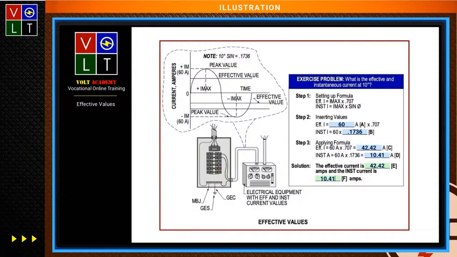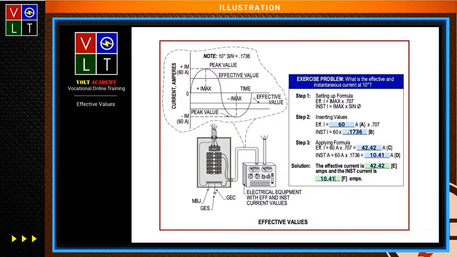Now, I'm going to show here, this is where we got the sine wave, and we're going to show this for the instantaneous amps. You're going to notice the sine of 10 degrees is 0.1736.